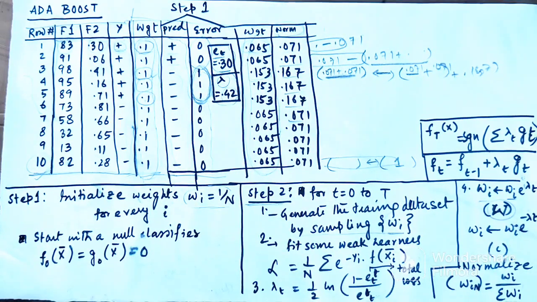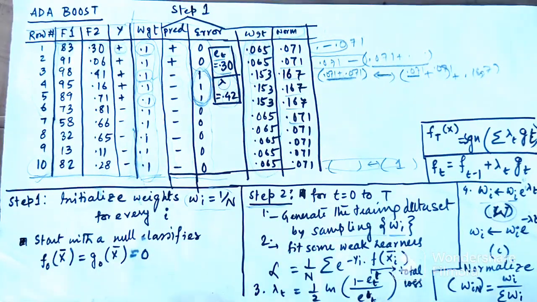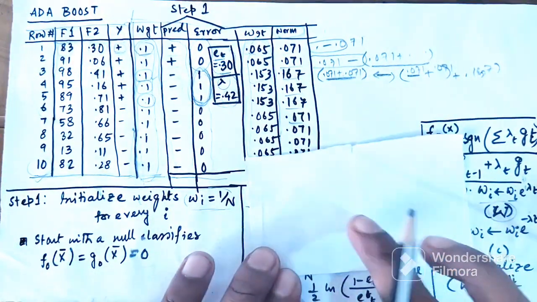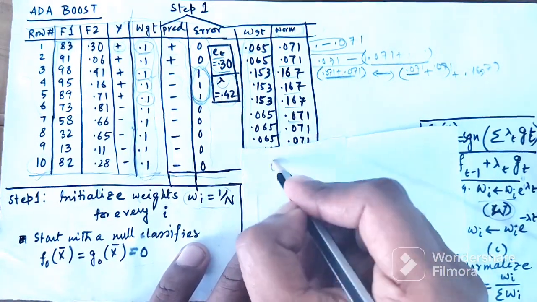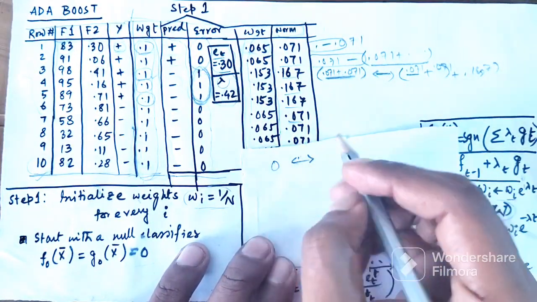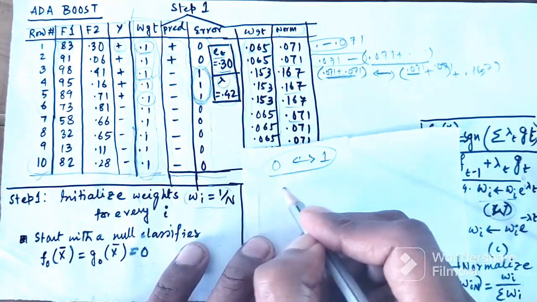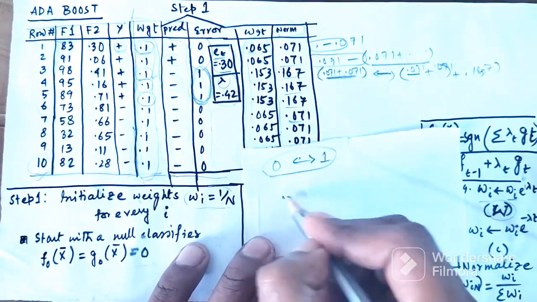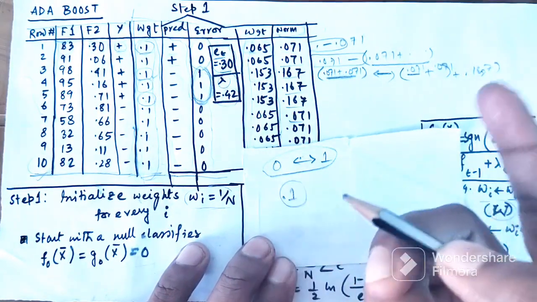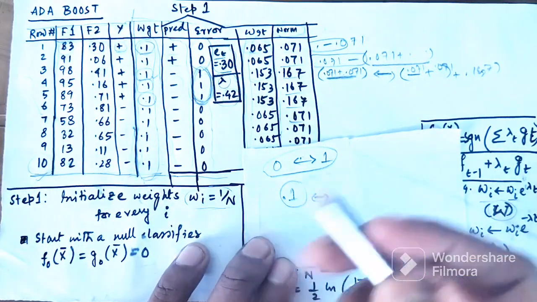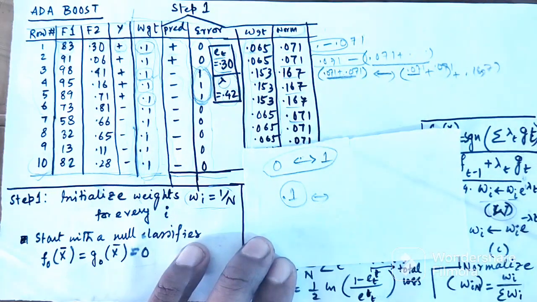Correct. Now, how will we perform this oversampling and undersampling task? We will generate a random fraction between 0 and 1. Let us suppose we generate 0.1 in the first iteration. Which sample will be taken for the next training?